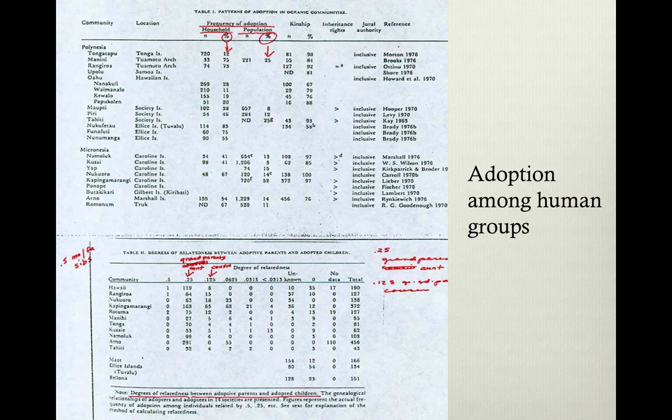So, if you have an older sister who's already completed her reproductive years, and she might be willing, once her children are already grown, to adopt a few of your kids to help lower your energetic burden, and the burden that comes from having to provision kids. And so, across the board among many, many human populations, this adoption at the 0.25 level is really, really common.